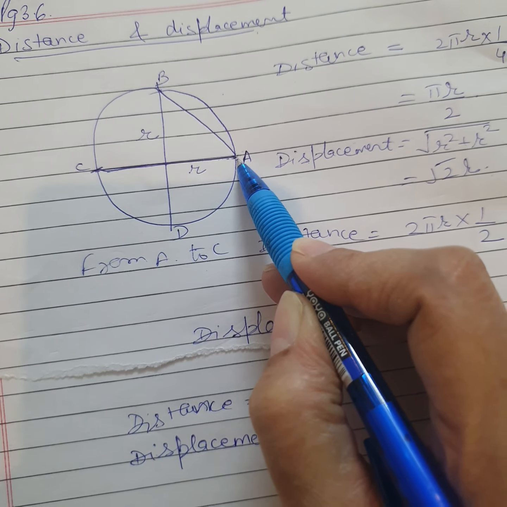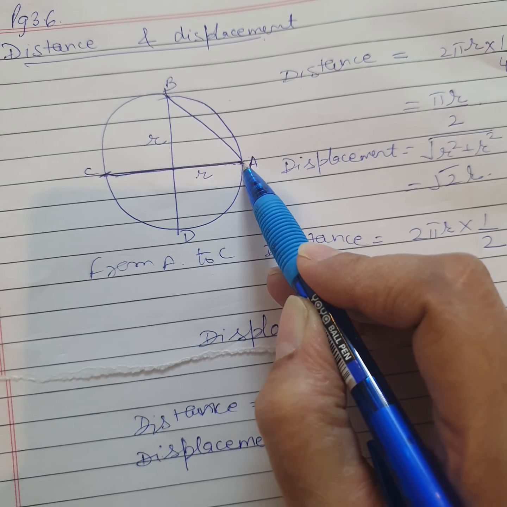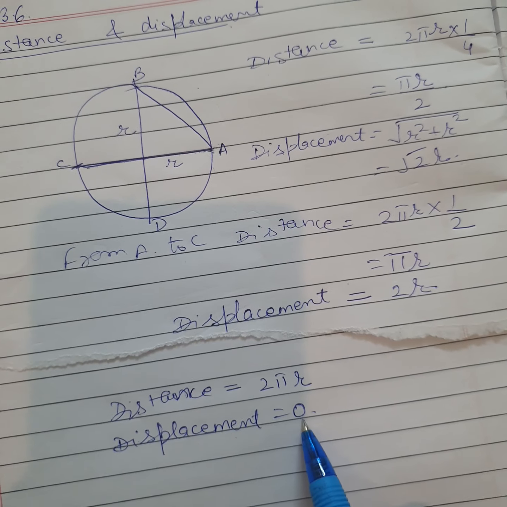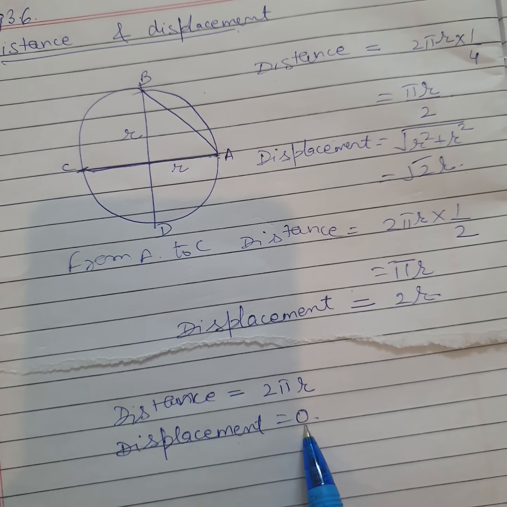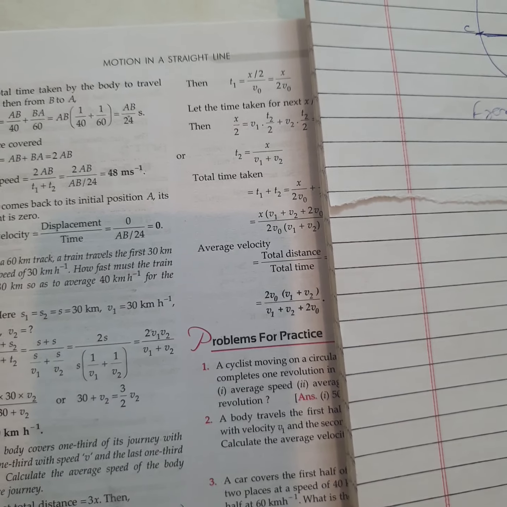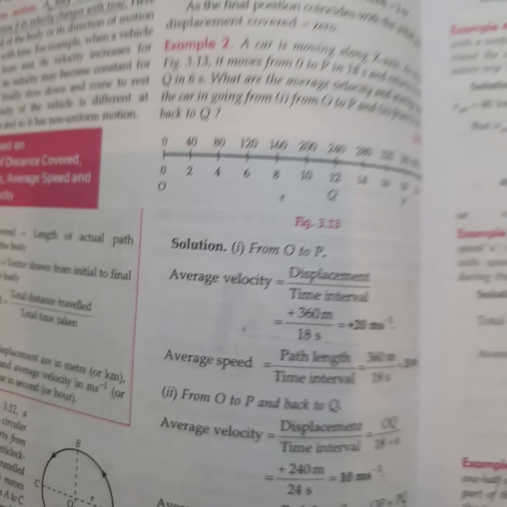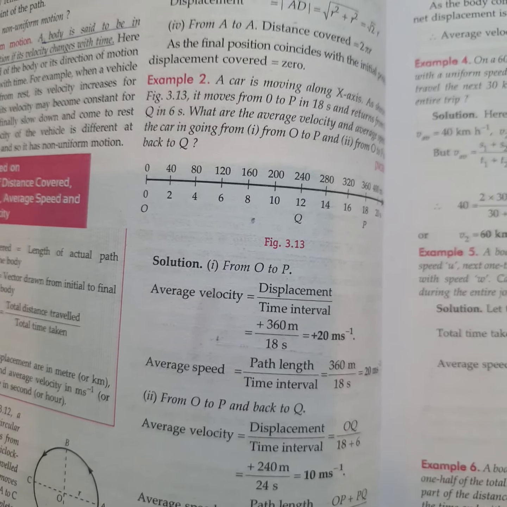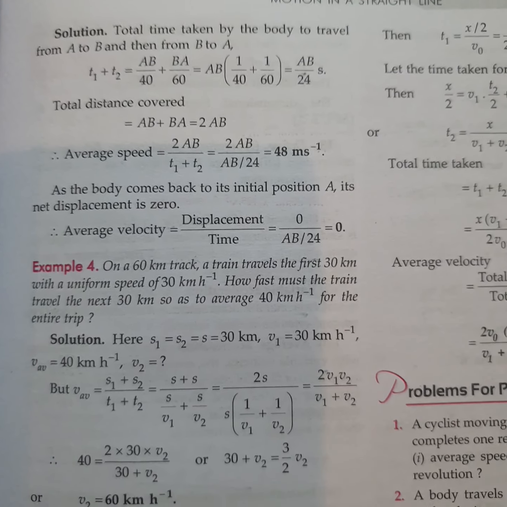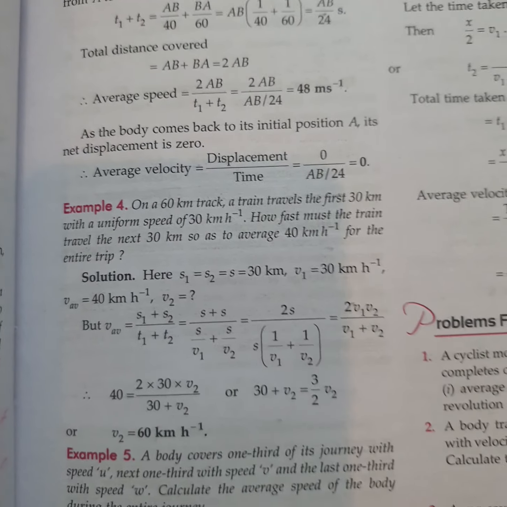So the shortest distance is 0. Displacement is equal to 0. Similarly, you can solve example number 2 and example number 3.